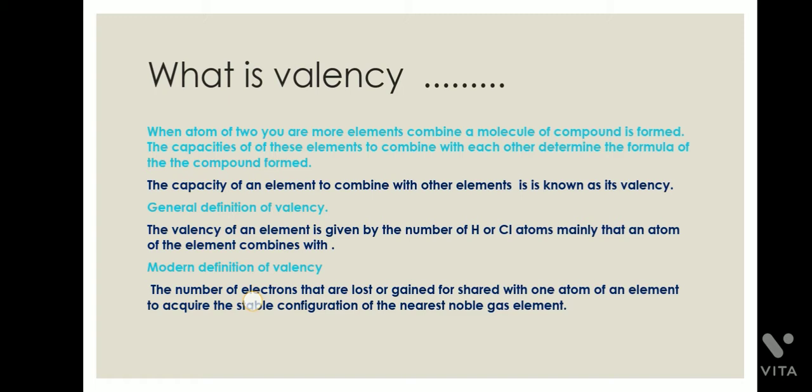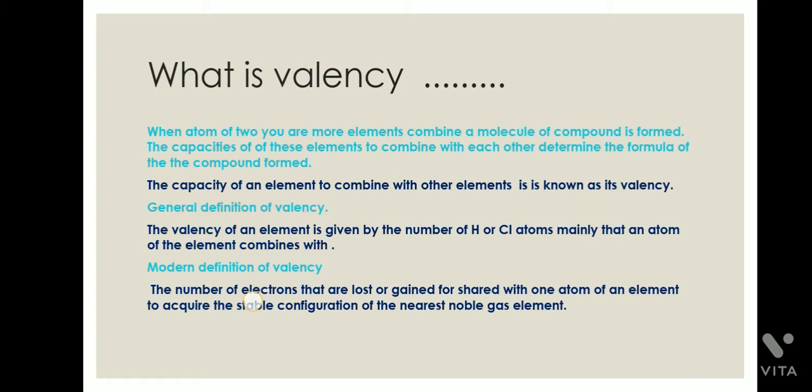The number of electrons that are lost or gained or shared with one atom of an element to acquire the stable configuration of the nearest noble gas. There is nothing to be scared about in this definition. It is long, but it is simple: the electrons will be lost or gained or shared with another atom of an element to become stable.